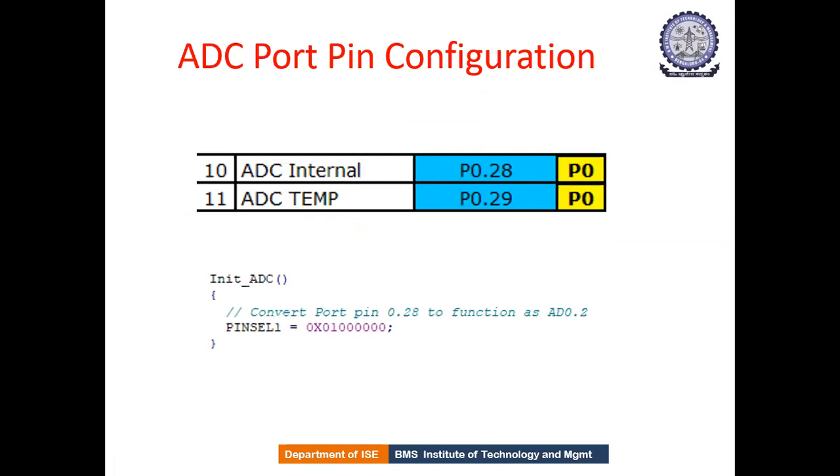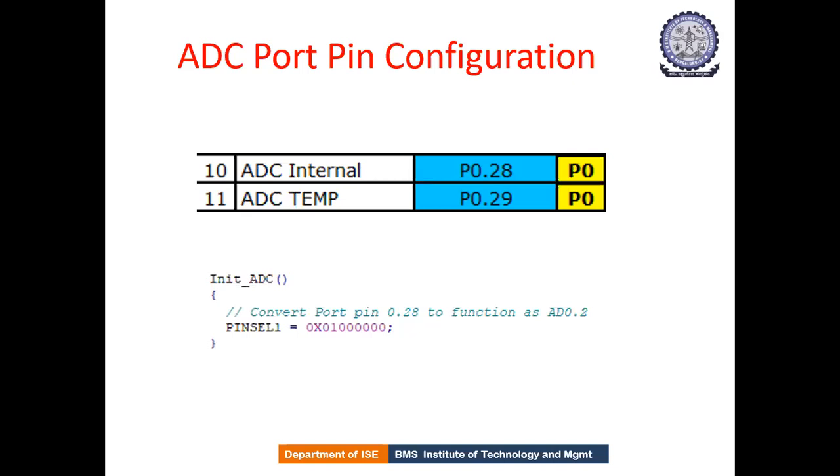There is one more pin called ADC temperature. When you take the torch of your mobile and show it near that particular bit, it has a sensor. It senses the light produced by the mobile, and also the temperature, so the voltage will again increase at that point. That particular bit we have not used in our program. So we are only using ADC internal.